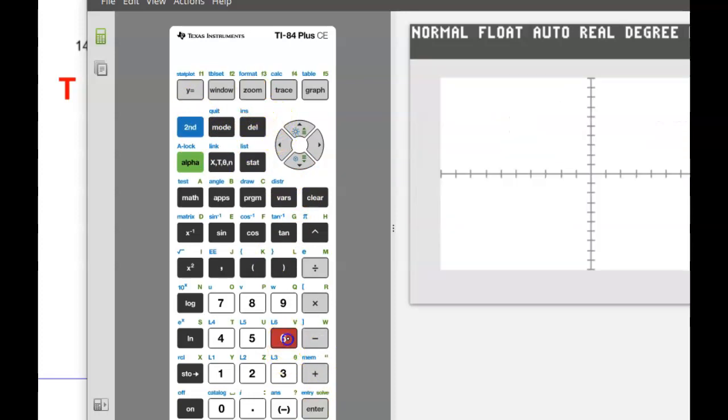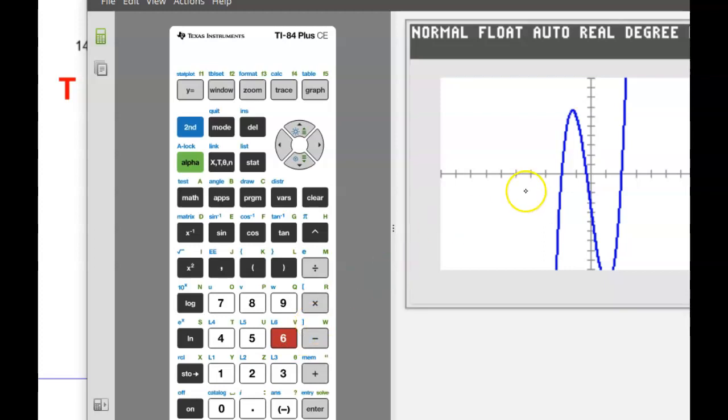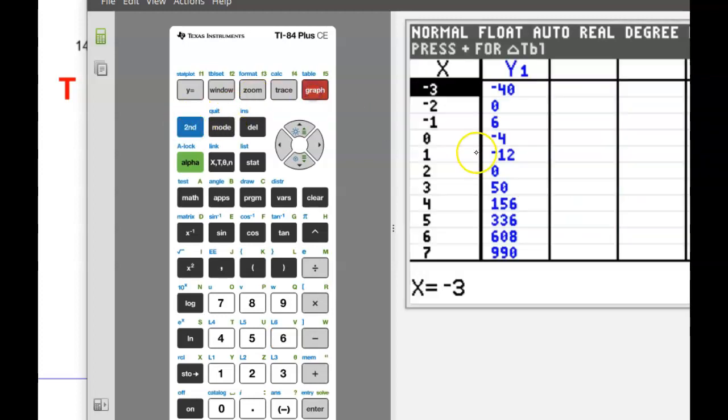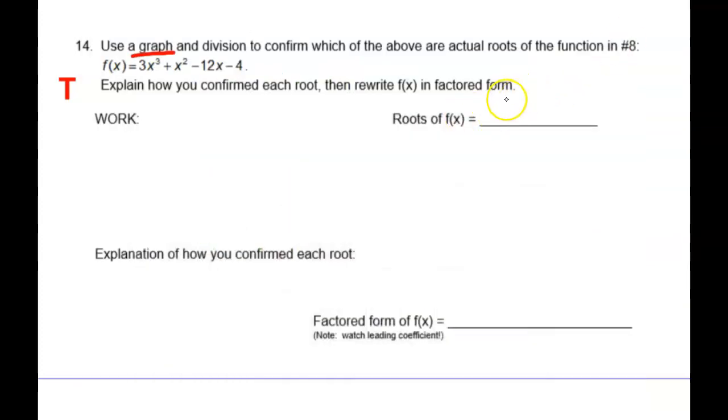And if I start with a zoom 6, this is what I get. I really don't need to mess with the window because I just want to know where the zeros are. Can you see some of the zeros, guys? Does it look like -2 and 2? You could go to the table. You should see 2 is a 0 and -2 is a 0. There is another one. We will find it eventually, but don't forget to put it here.